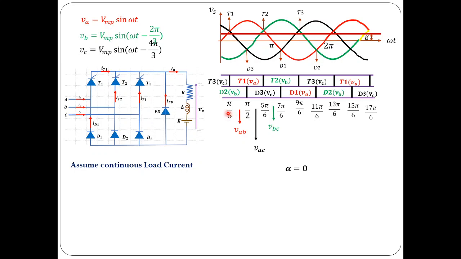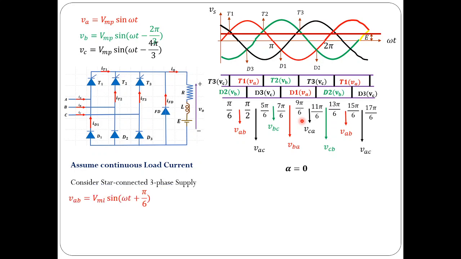For the first 60 degrees, that is from pi by 6 to pi by 2, the output voltage is VAB, and then for the next 60 degrees VAC, then VBC, VBA, VCA, VCB, and VAB, and so on. Every 60 degrees it is going to repeat. In fact, for alpha equal to 0 degrees, it would act as the diode rectifier, and it is a 6 pulse converter for alpha equal to 0.